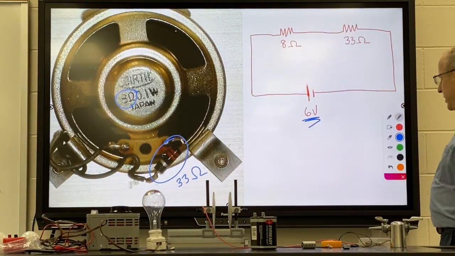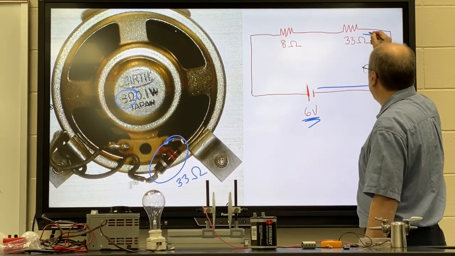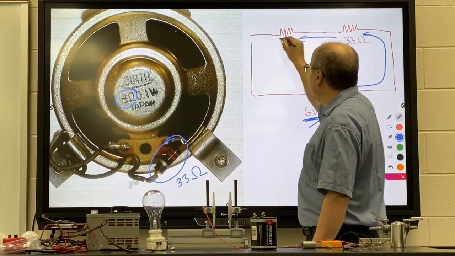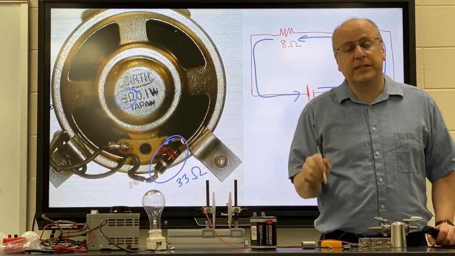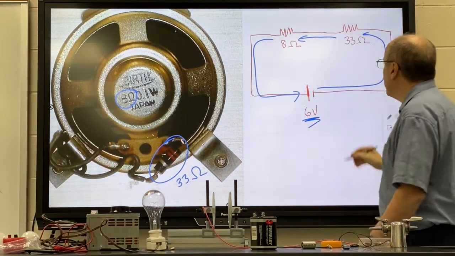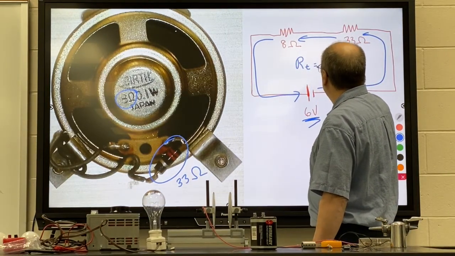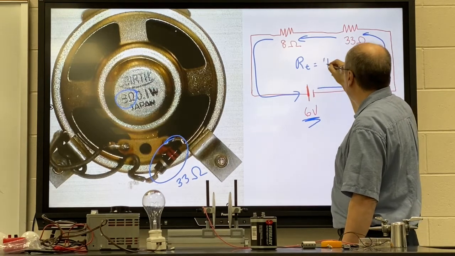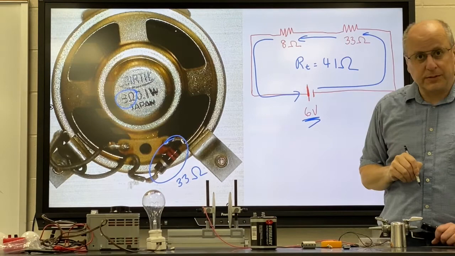Okay, so how do we deal with this? Well, since there is only one path for the electrons to follow, that means the electrons are going to have to go through both items, the resistor and the speaker. So we start by adding together the two resistances, and we get 41 ohms.